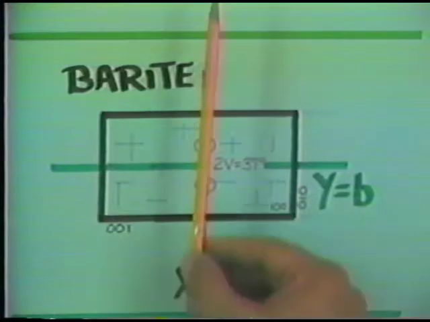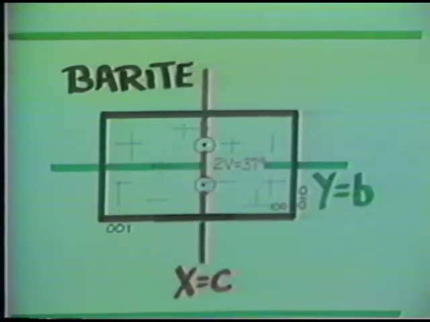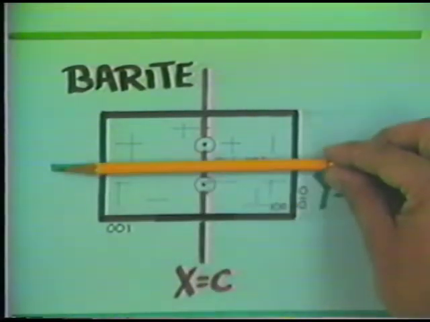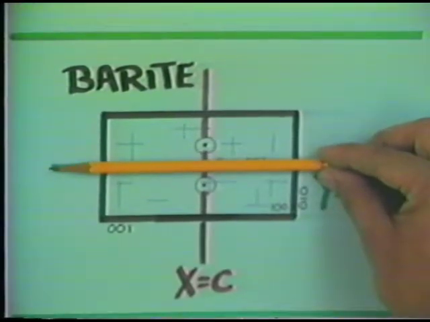This way, the C crystallographic axis is oriented in this vertical direction, in this particular kind of orientation. Now, since barite is orthorhombic, there is a relationship between the A, B, and C axes and the vibration directions. And so for this particular mineral, Y equals B. This means that the Y vibration direction is exactly parallel to the B crystallographic axis and is found in the mineral exactly in this orientation.